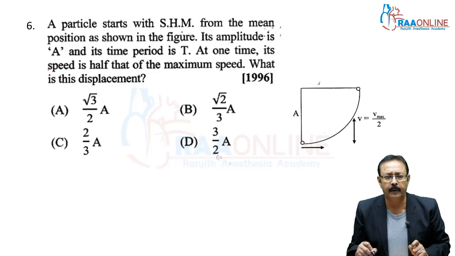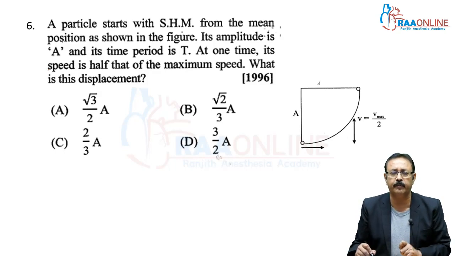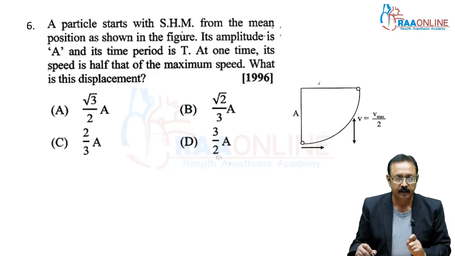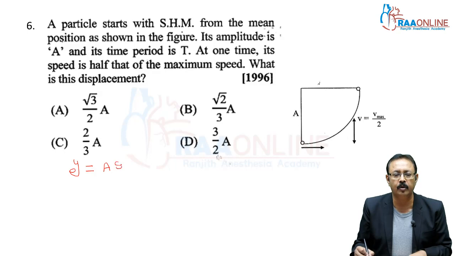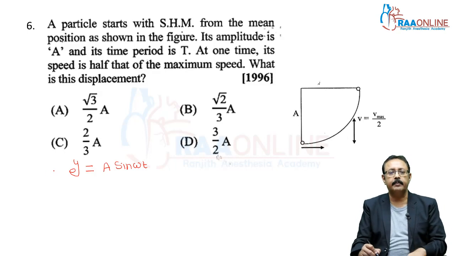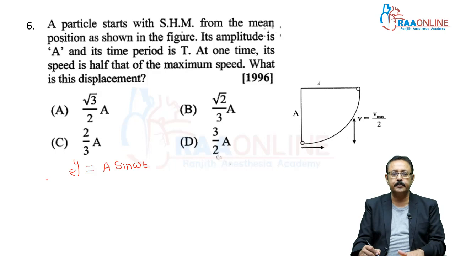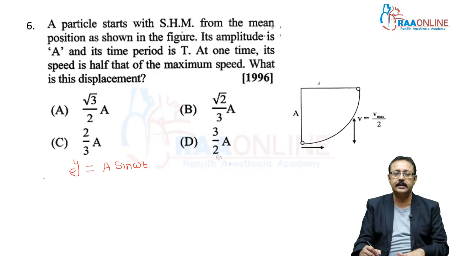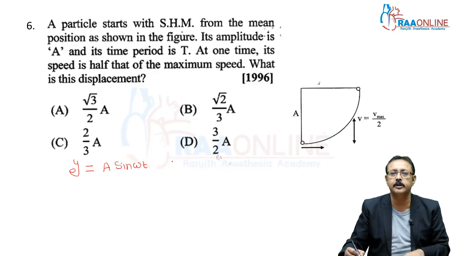Next, a particle starts simple harmonic motion from the mean position. Starting from the mean position, no tension, we can take our equation y is equals to A sin omega t. Its amplitude is A, its time period is T, and its speed is half of the maximum speed. This is the displacement equation, but they are talking about speed.